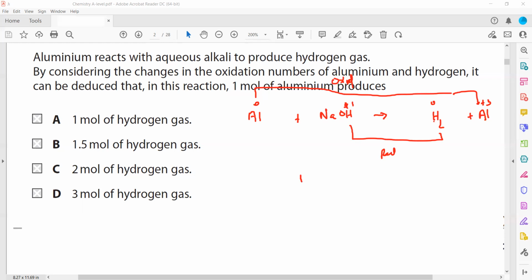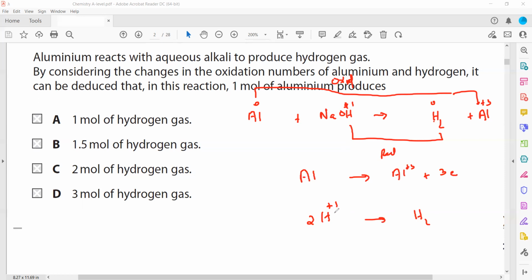So for aluminium to convert into aluminium ion, it is losing 3 electrons. And for hydrogen, +1 changing to a hydrogen atom or a hydrogen molecule, H2 is produced.